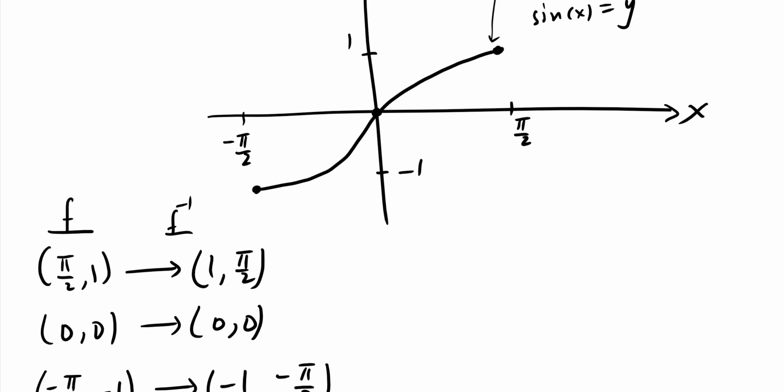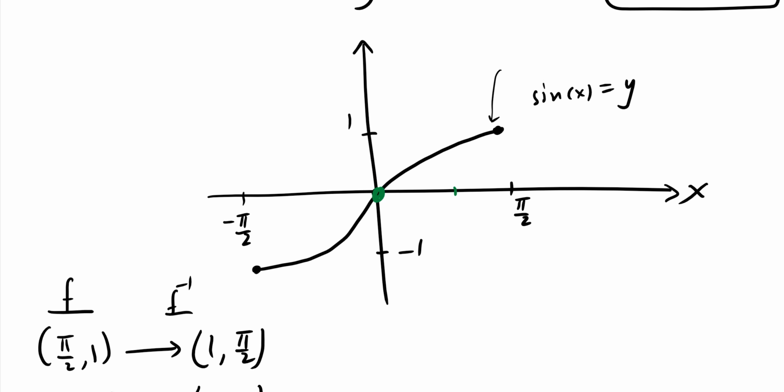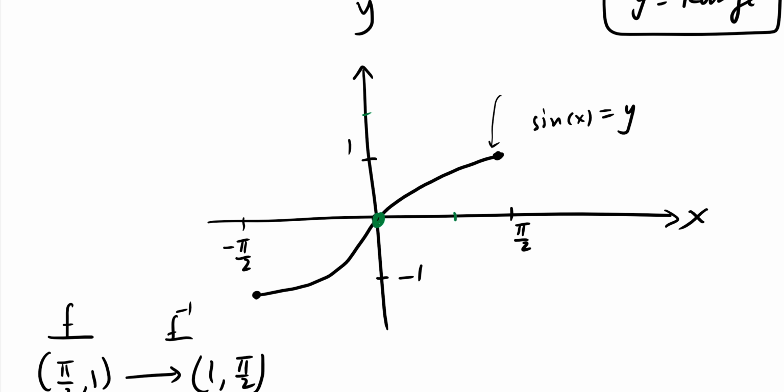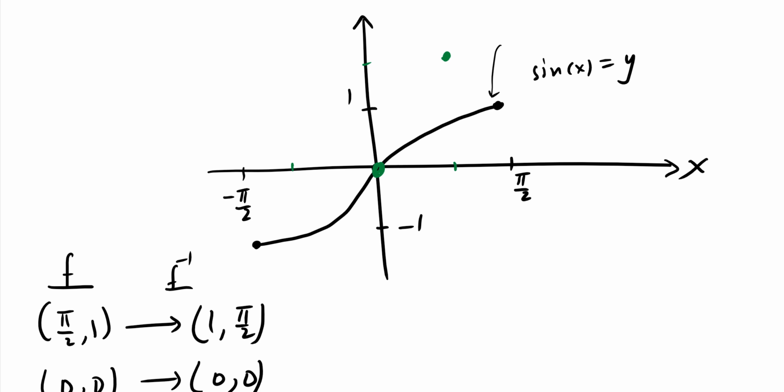So to graph that, 0, 0 stays as is. 1 comma pi over 2, so 1 here and pi over 2 is higher, somewhere here. And negative 1 comma negative pi over 2, somewhere here.